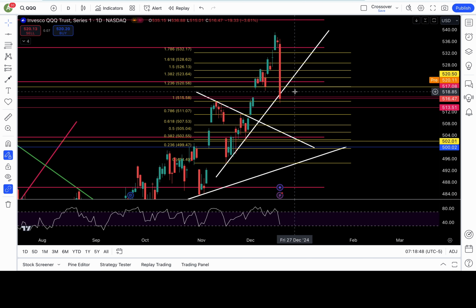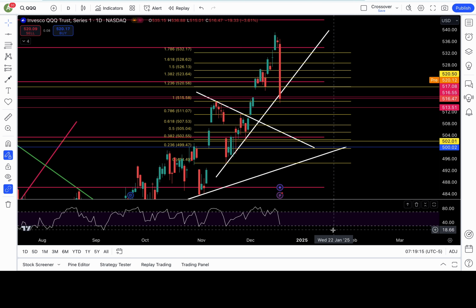Those levels must recapture to be bullish and put 526 and 528 plus in play. 520.5, 522, and 523.6 must recapture. Okay? To show bearish follow through, 519, 517, and 515.5 all must fail as support to give us more downside.